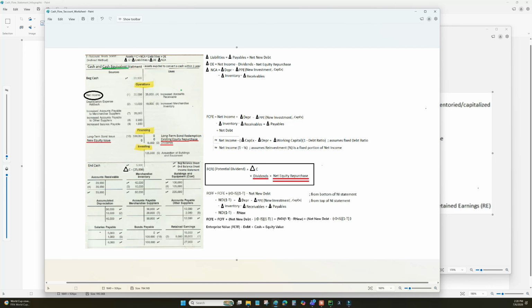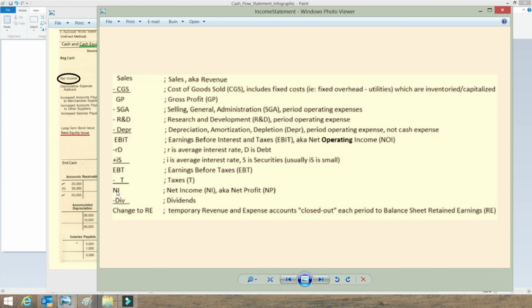Now there is another form of free cash flow called free cash flow to the firm, and it's a little different. Instead of working off net income, it's working off much higher, closer to the top of the income statement, namely off this area right here, which is also referred to as the operating income, or earnings before interest and taxes.